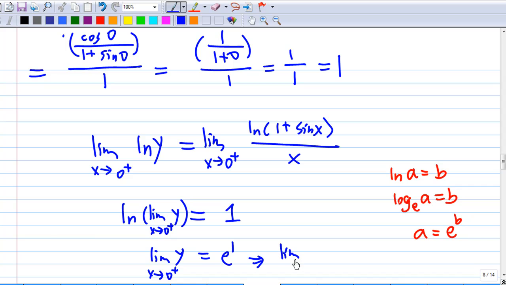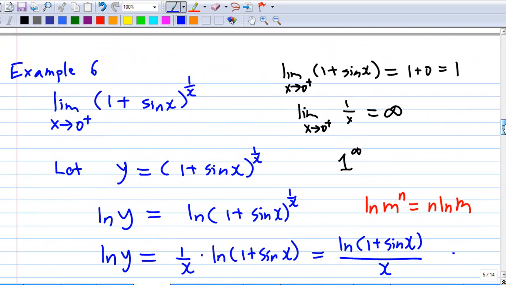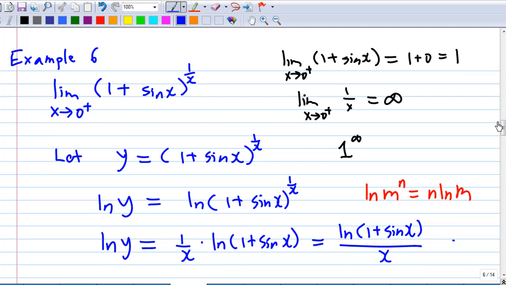The limit as x goes to 0 from the right of (1 plus sine x) raised to the power 1 over x is e. So that concludes our calculation of this example 6. The answer for (1 plus sine x) raised to the power 1 over x when x approaches 0 from the right is e.